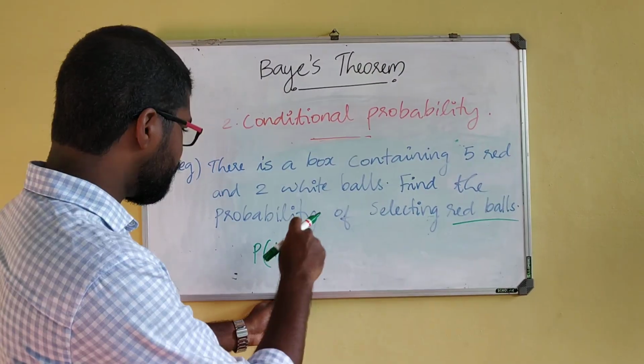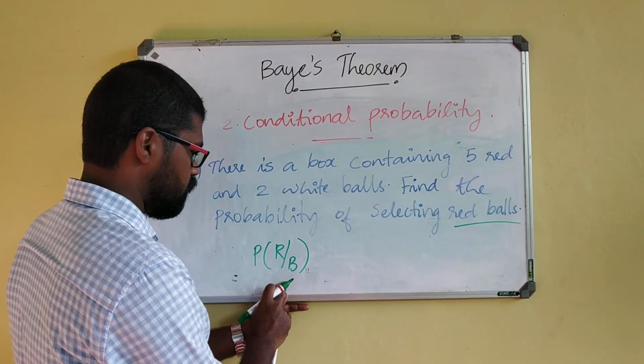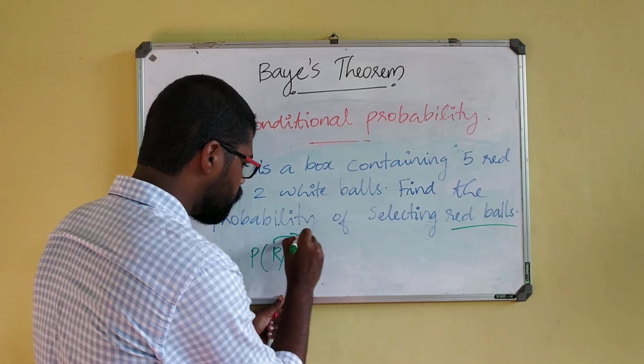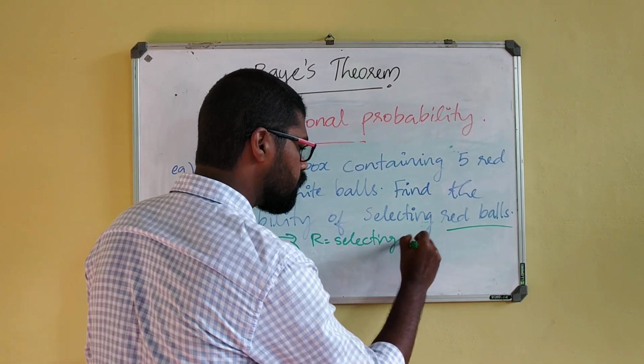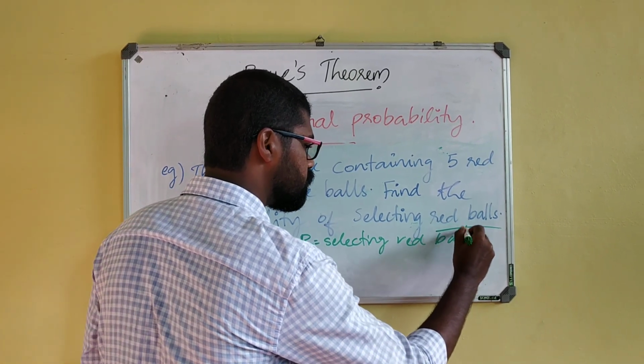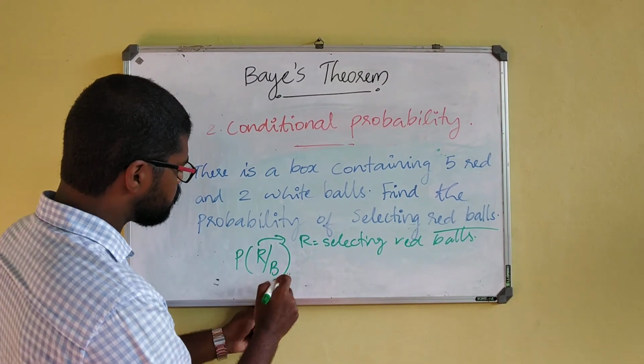So find the probability of selecting red balls. Selecting red ball given B, where B is the box containing 5 red and 2 white balls. Since we have only one box, it is very simple.